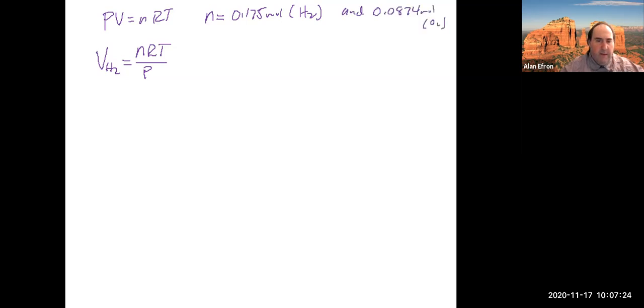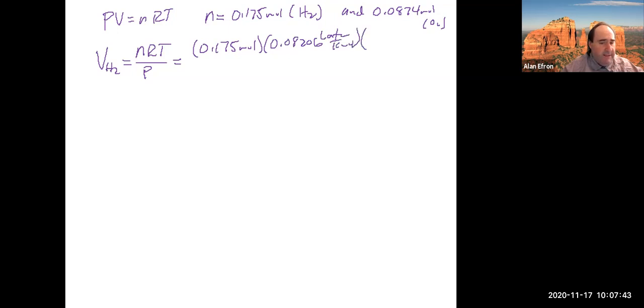All right, so here we're just going to put in all the information for our H2 first. So putting in our moles, using our R, which is that 0.08206 version.